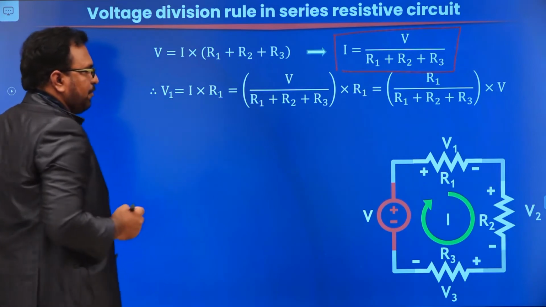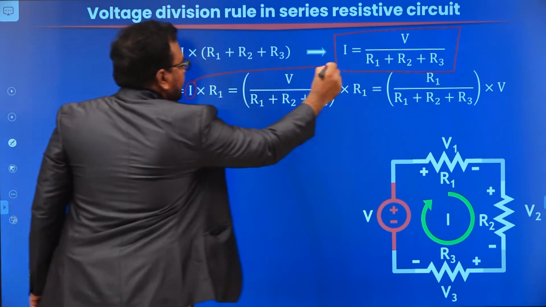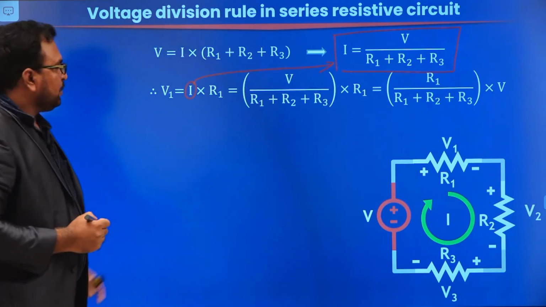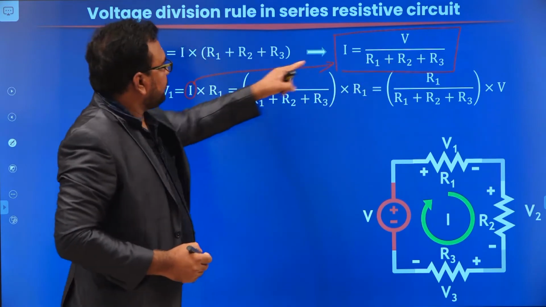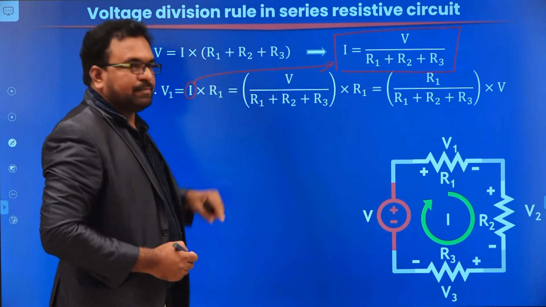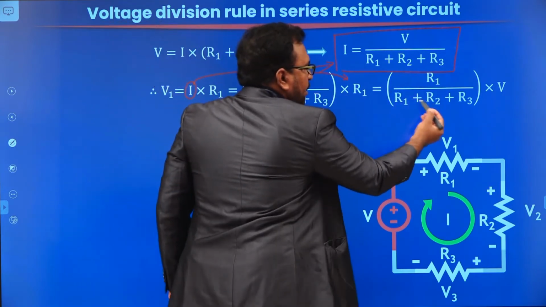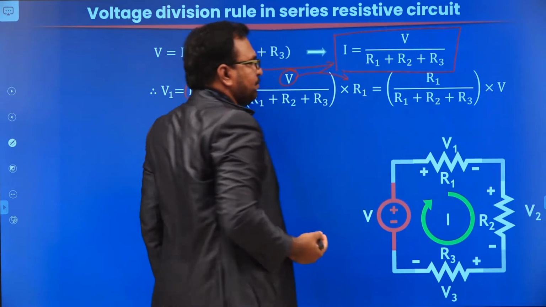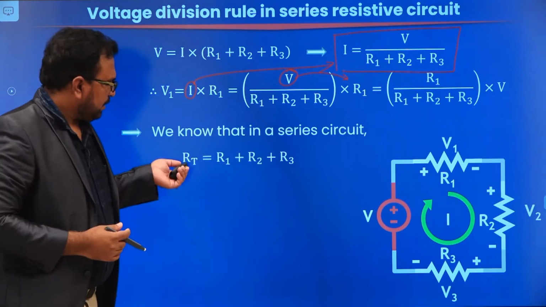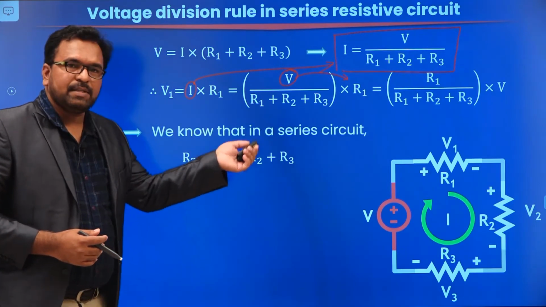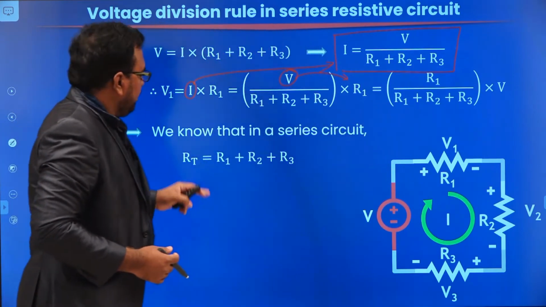Take the individual voltages across the resistors. V1 is equal to I into R1, we know that. In place of I, substitute this expression, V divided by R1 plus R2 plus R3. Now rearranging the terms, V1 is R1 divided by R1 plus R2 plus R3, into V. In a series circuit, the total resistance is R1 plus R2 plus R3, which is equal to RT.